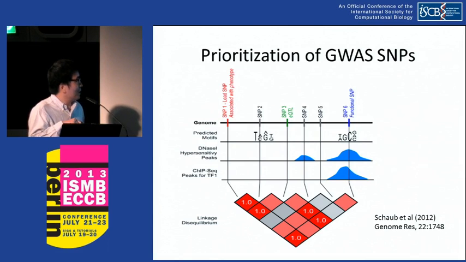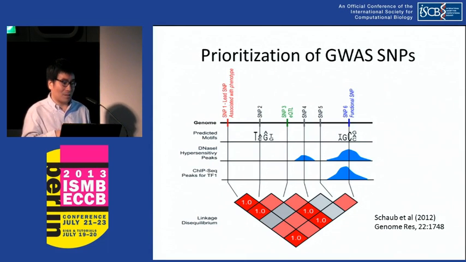So with the coming of the ENCODE data, you should use those, for example, DNase hypersensitive sites and the ChIP-seq binding sites, to reprioritize those SNPs and give them functional meaning. If you do functional validation only on the GWAS tag SNP, then most likely you will fail to find the function. So you've got to find the real functional SNP.